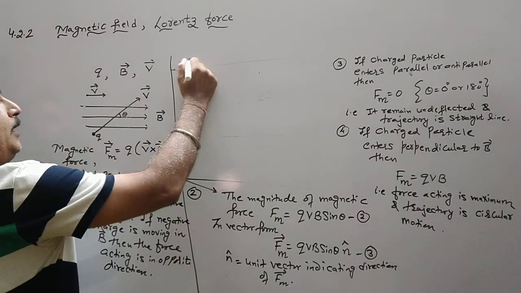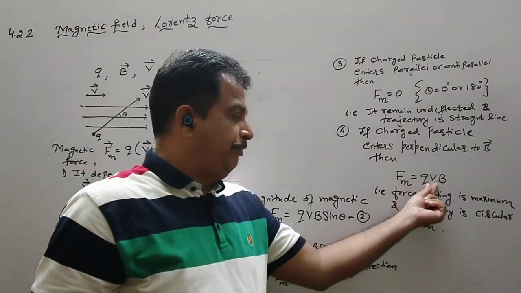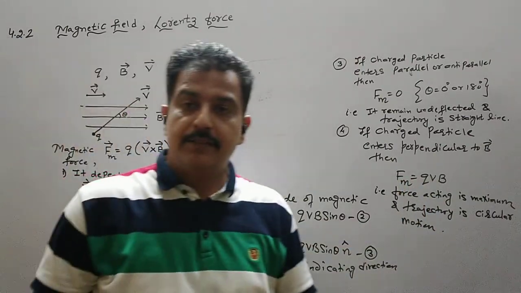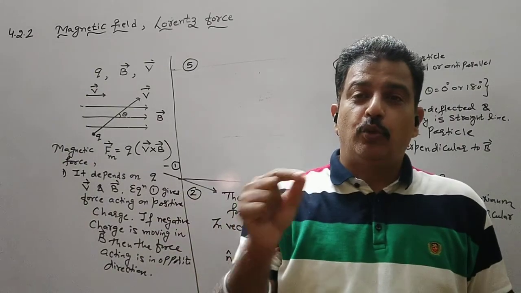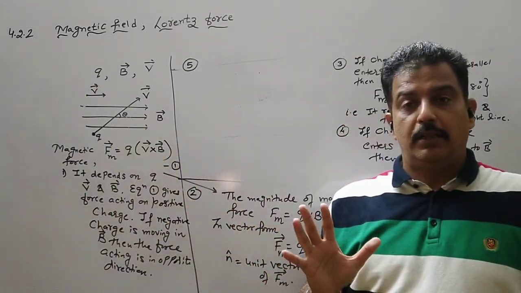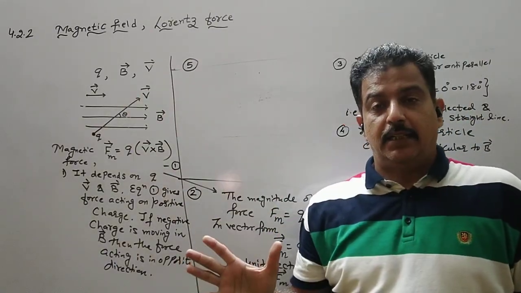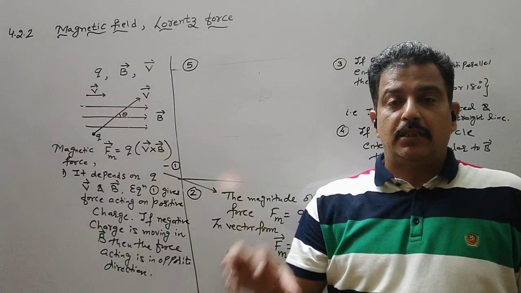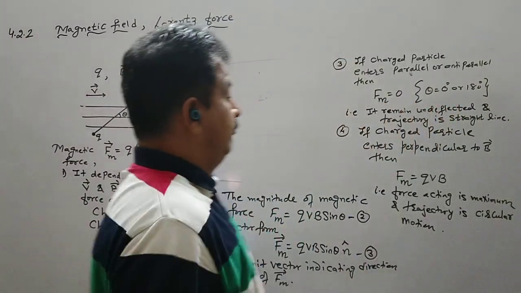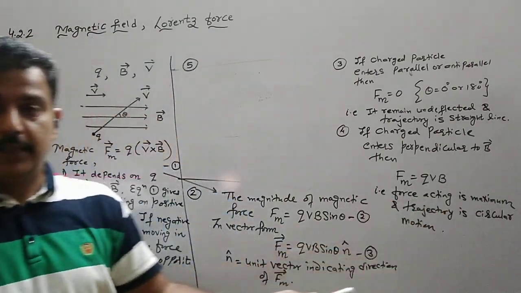If we take the value of QVFM to be 1 unit, it means if 1 coulomb of charge enters the magnetic field moving with a speed of 1 meter per second and the force acting on it is 1 Newton, then we can define the unit of B to be 1 unit.